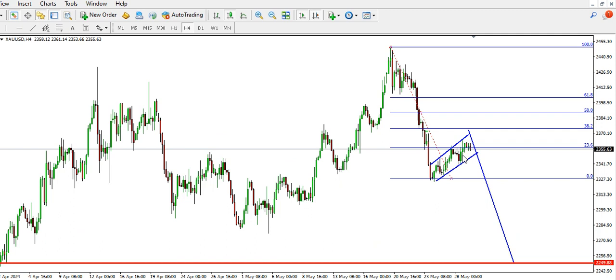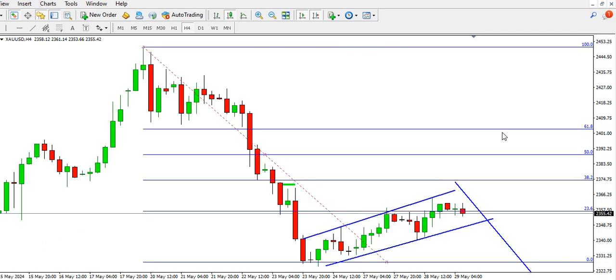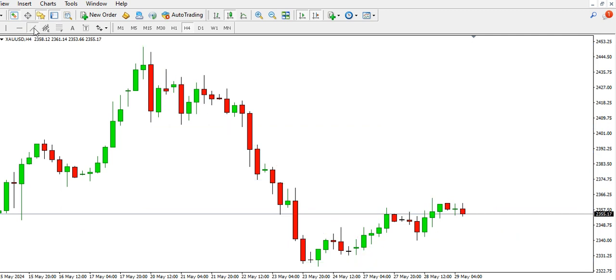But the way the price of gold moves, it might not turn out to be a bearish flag. We might see price drop, we are still on the 4-hour time frame, to find support at this particular order block.